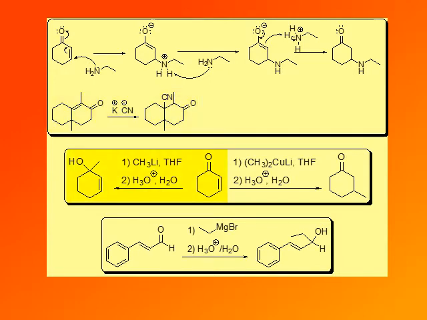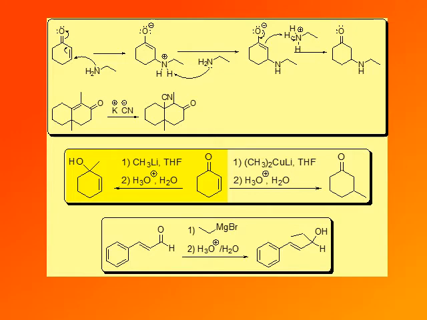So here in the middle is cyclohexenone. And cyclohexenone can undergo either 1,2 or 1,4 addition. 1,2 addition occurs with what we call hard nucleophiles. Hard nucleophiles are the ones that have concentrated negative charge on atom that has low electronegativity, like carbon.